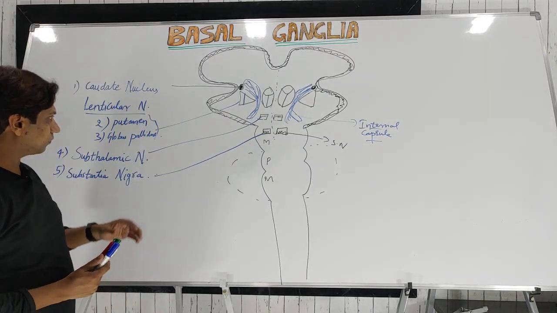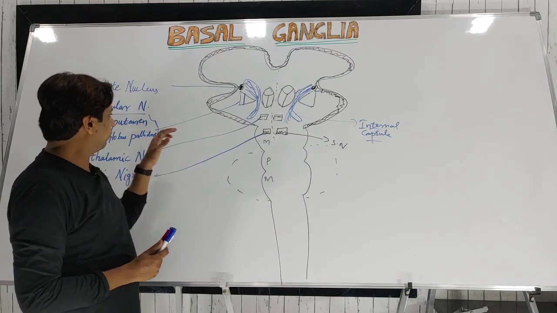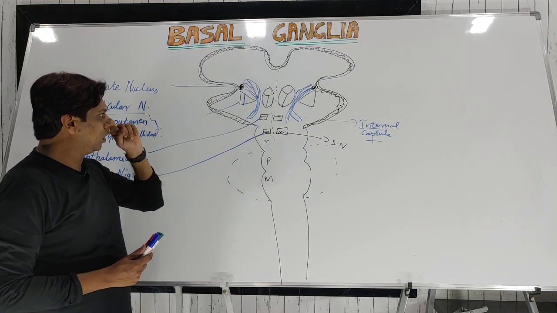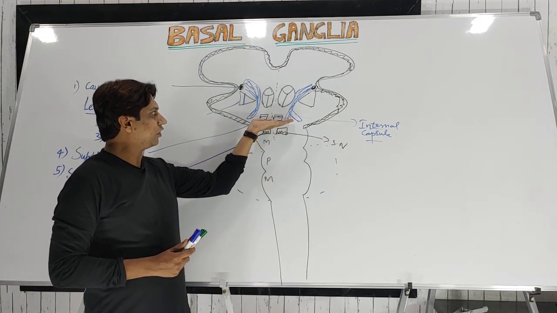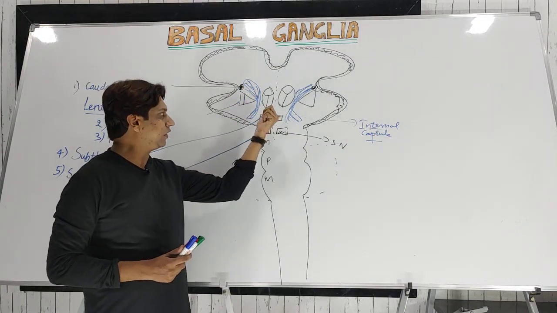Now here I would like to add a few terms so that the discussion will be more clear. Remember, at the base of the brain, in the forebrain, there are caudate nucleus, lenticular nucleus, which includes putamen and globus pallidus, and subthalamic nucleus.